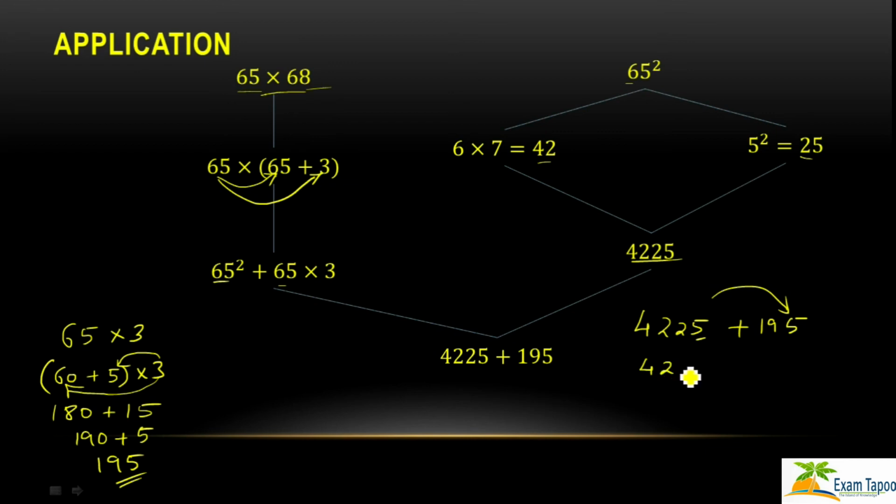So 4220 plus 200. Now 200 would be a lot easier for you to add to this number. So 4220 plus 200 will become 4420. So 4420 is the product of 65 and 68. This is our calculation.